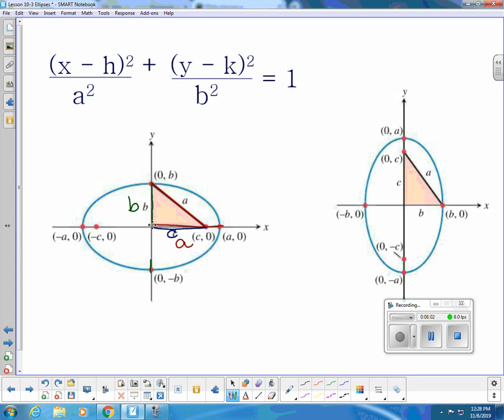Now, you guys see a right triangle? This A value that we have from the center to the long piece is actually the same length as the hypotenuse of this right triangle. It always works out that way. It's a cool thing. So in this triangle, this side's B, this side's C. The longest side is A. So if I'm going to do the Pythagorean theorem, it's not A squared plus B squared equals C squared.